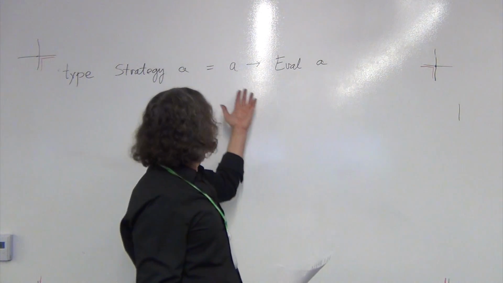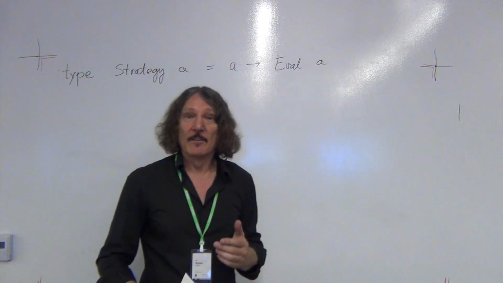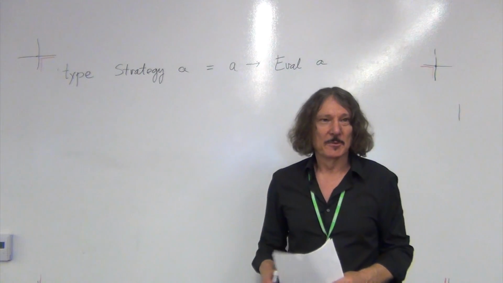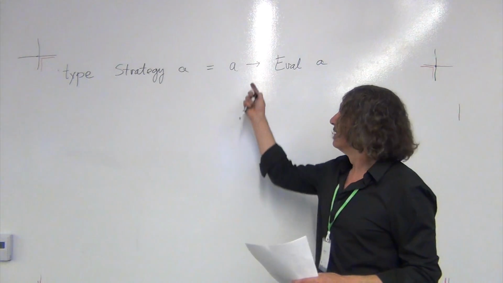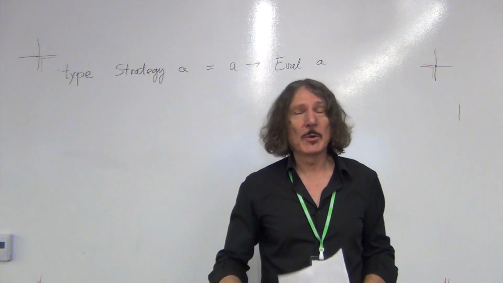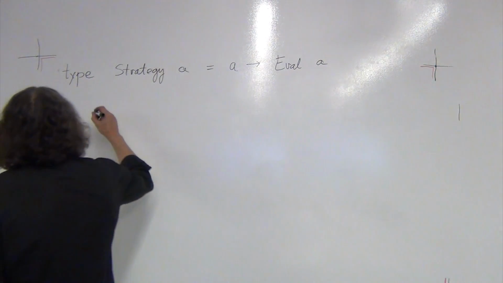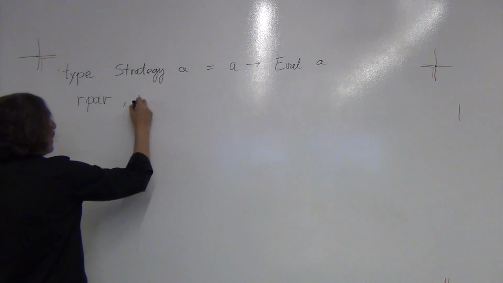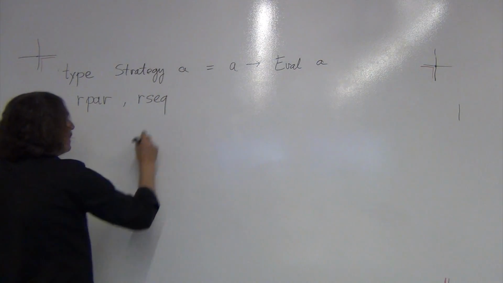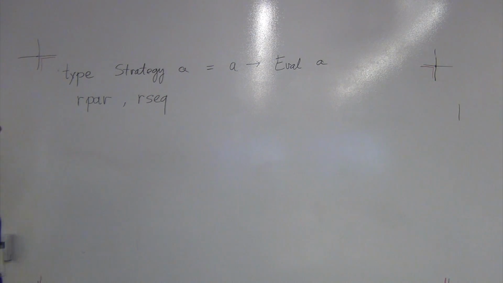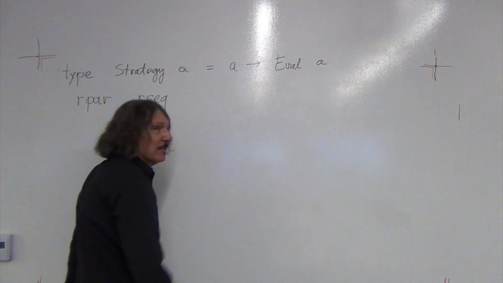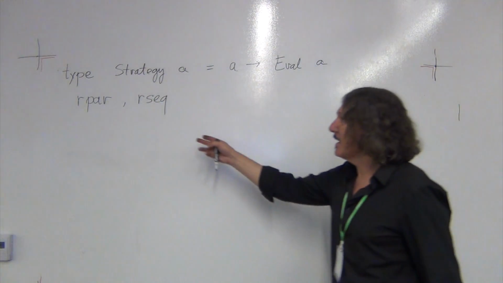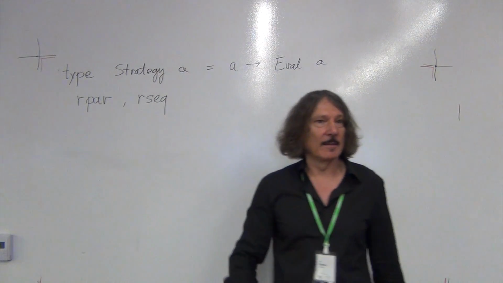So example of strategy, for instance, well, return was a strategy, right? Return in the eval monad is a strategy. But more importantly, both rpar and rseq, these two guys, are strategies, right? Because they take A and produce eval A. Okay? So we have our two basic strategies already.